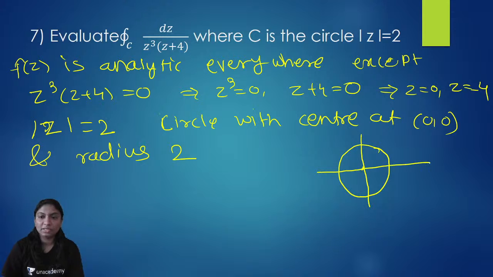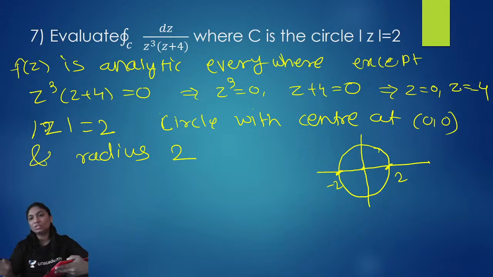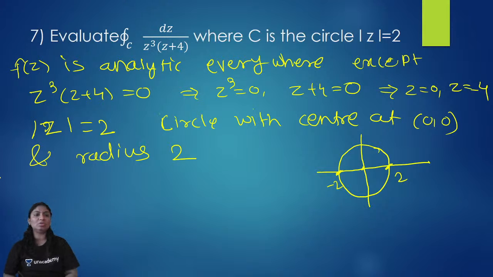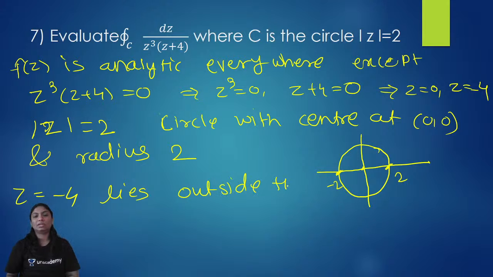So obviously z is equal to minus 4 lies outside the curve C. So we will not find the residue for that point, because it lies outside the curve C. We will find the residue only at z is equal to 0.